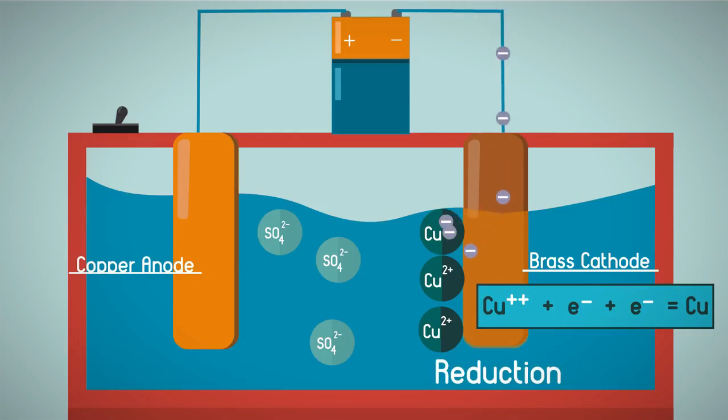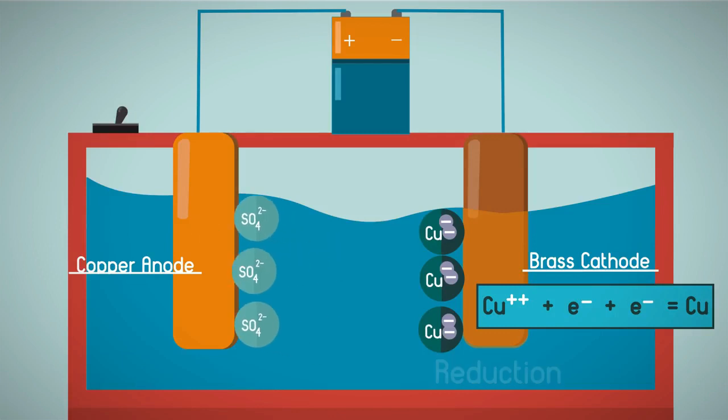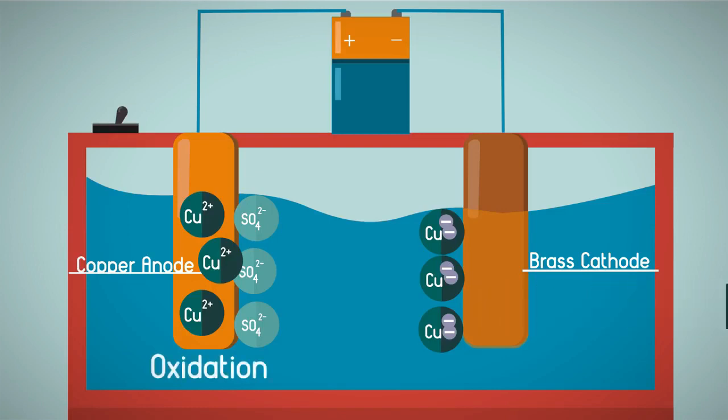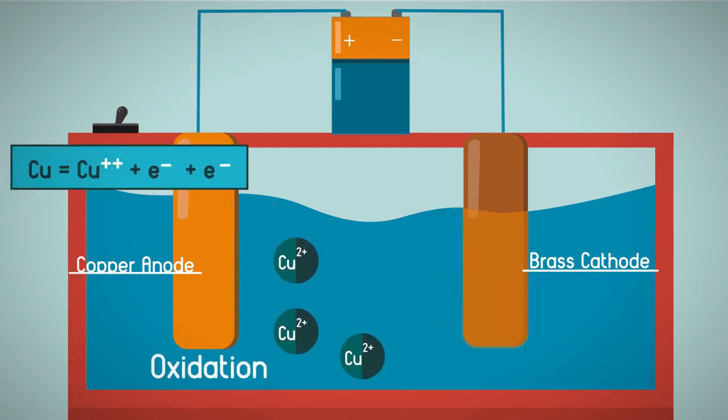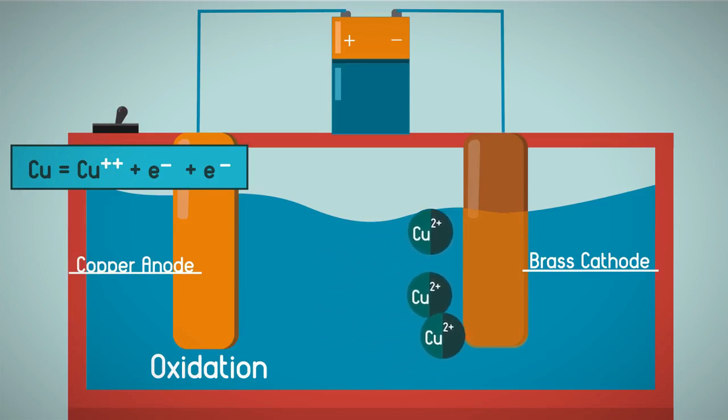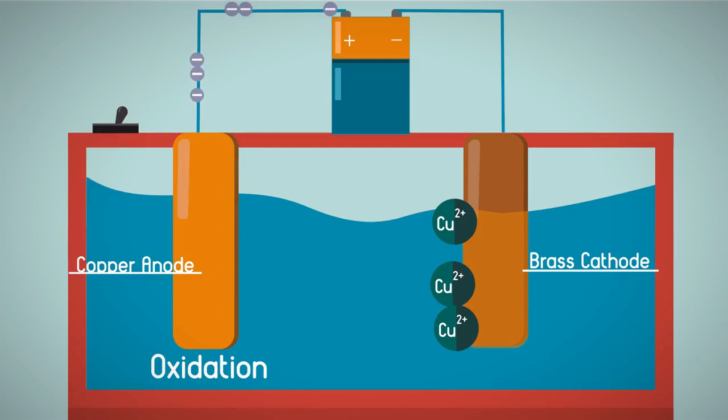The sulfate ions are negatively charged and so are attracted to the positively charged copper anode. The current supplied to the anode causes the copper atoms to oxidize, which is to lose electrons, and then dissolve into the electrolyte solution. So the copper ions move from the anode to the cathode in the solution, and the electrons move from the anode to the cathode, but along the wire.